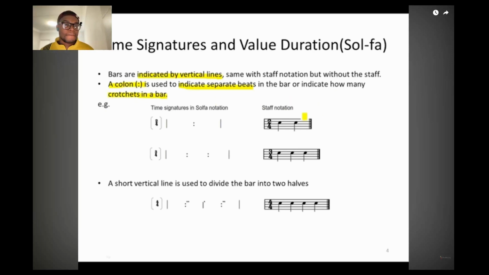So as we can see in the example, a 2/4 time. In staff notation, it will be 2 crotchets like that. In Sol-Fa notation, we will see by the colon that we got 2 separate beats or 2 crotchets.